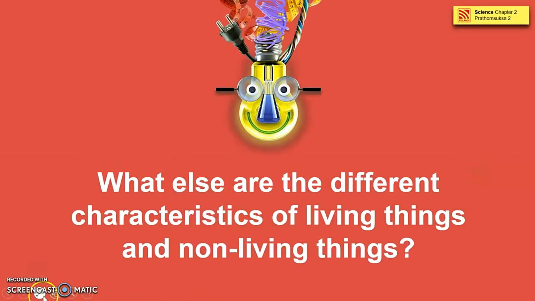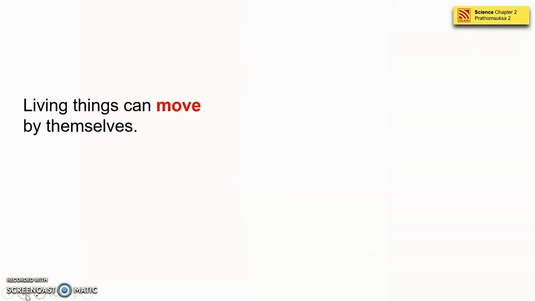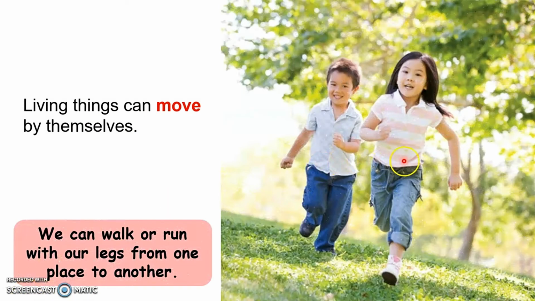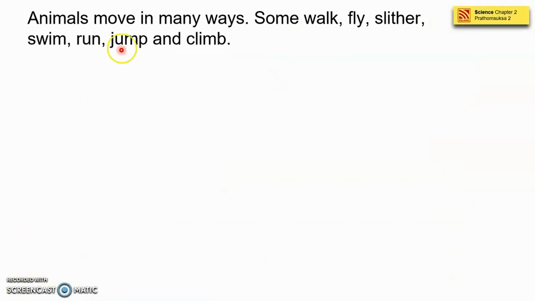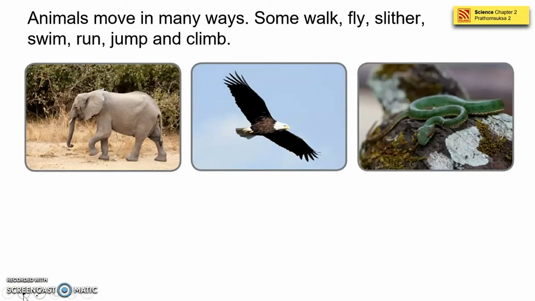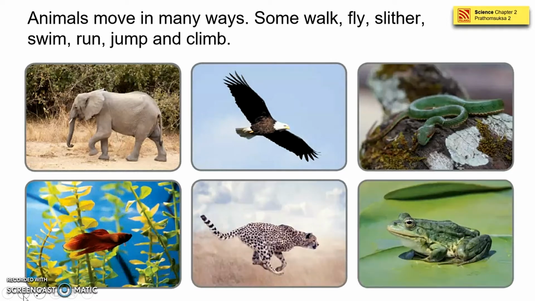What else are different characteristics? Living things can move by themselves, of course. We can walk and run with the use of our legs. Animals move in many ways. Some walk, fly, slither, swim, run, jump, and climb, like this. We discussed this one last meeting.